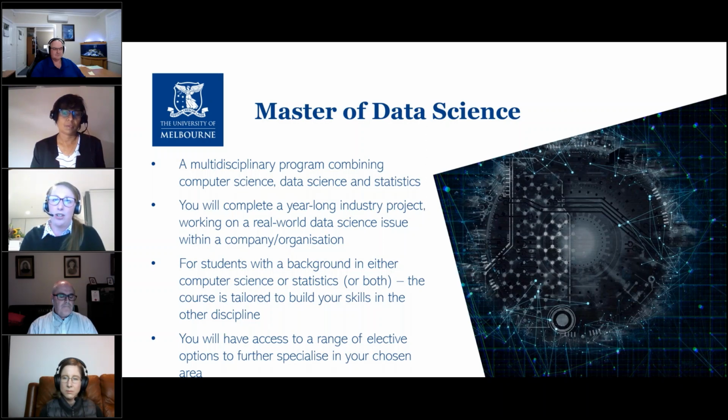There's a year-long industry project, so you'll be working on real-world data from companies and organisations outside of the University of Melbourne and potentially within it. You might come from a background in computer science or statistics, or you might have both, and your course will be tailored to you to meet those needs. And you'll also have a range of elective options as well.